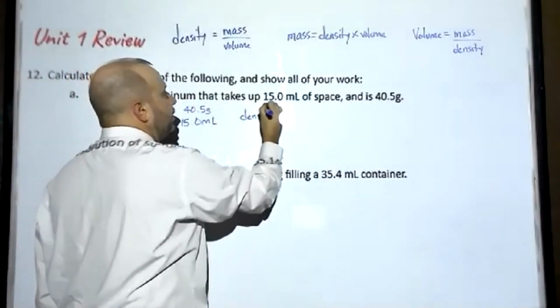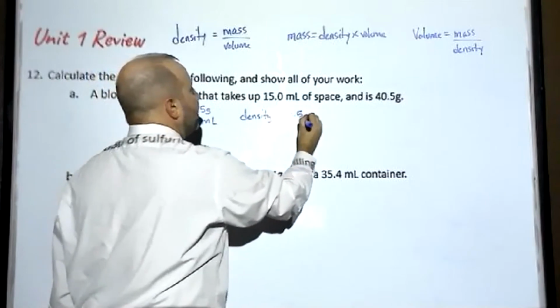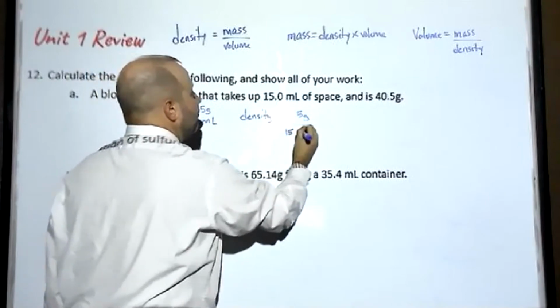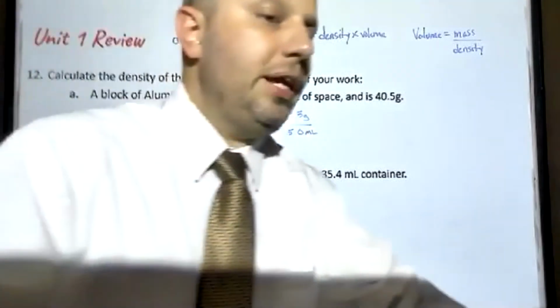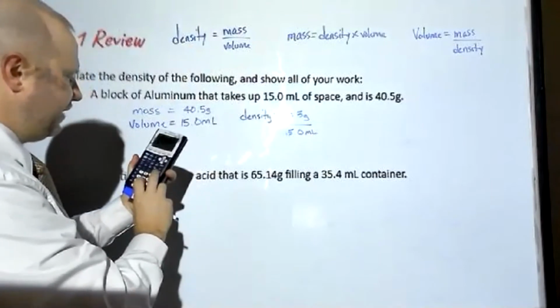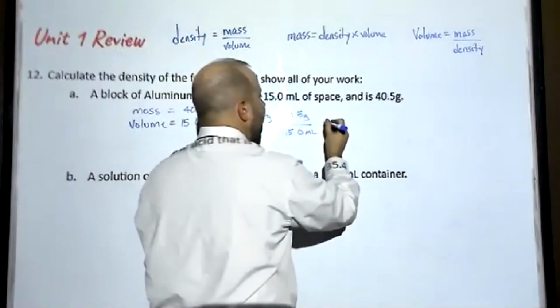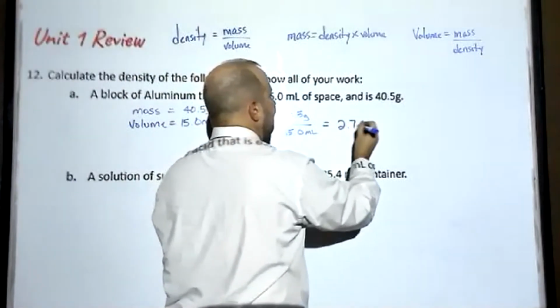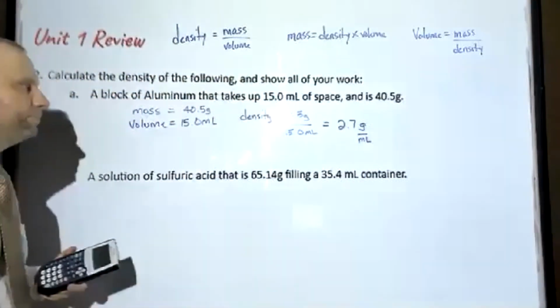So we have density is equal to 40.5 grams divided by 15.0 milliliters. Now, in your calculator, you could type 40.5 divided by 15, and you get an answer of 2.7 grams over milliliters.